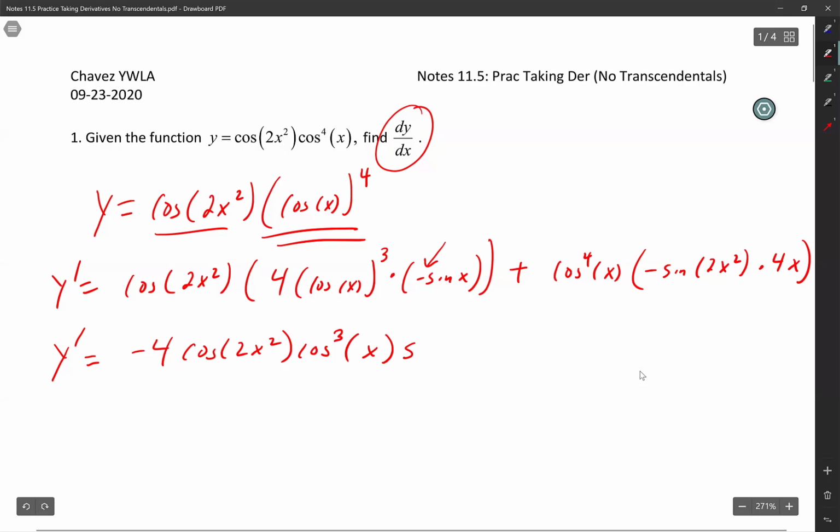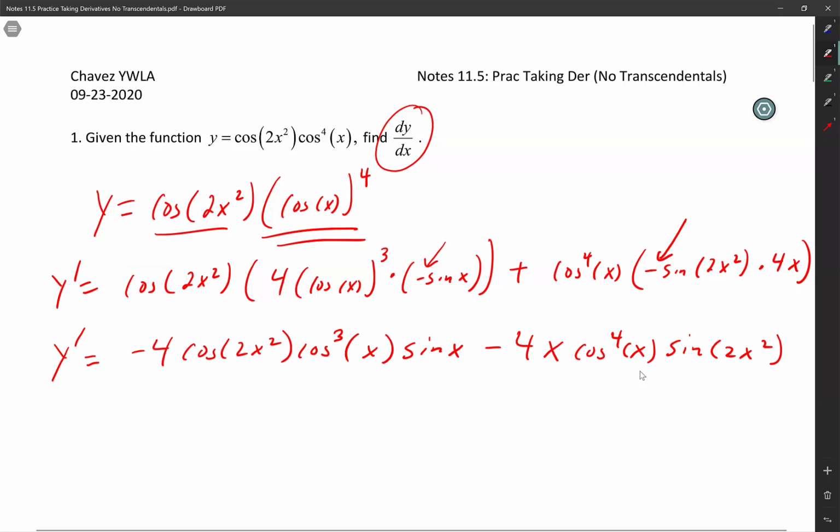And then I still have a sine x. Plus, oh, no. Sorry. There's a minus there. Minus 4x cosine of the 4x sine 2x squared. There it is, guys. There's my answer simplified if I wanted to simplify.